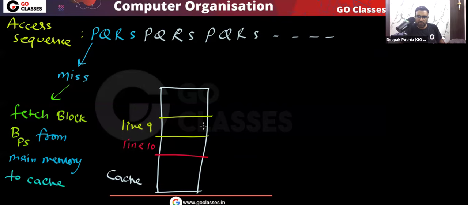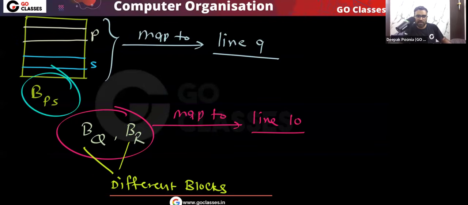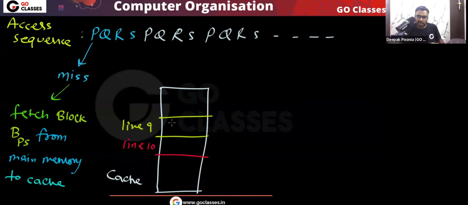And of course it will map to line number 9, that we already know. So in line number 9, I can put this block containing P comma S.